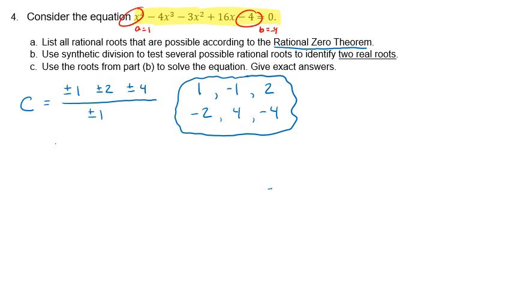All right, so we've got 1x to the 4th minus 4x to the 3rd minus 3x to the 2nd plus 16x minus 4, that's our polynomial. And in this problem, we are actually looking for 2 real roots.